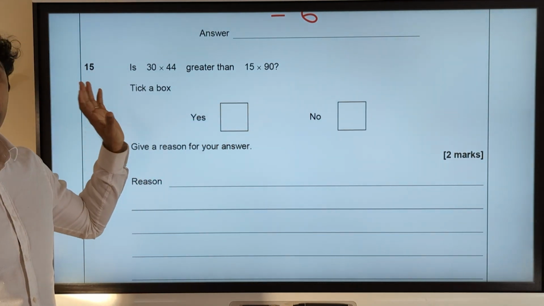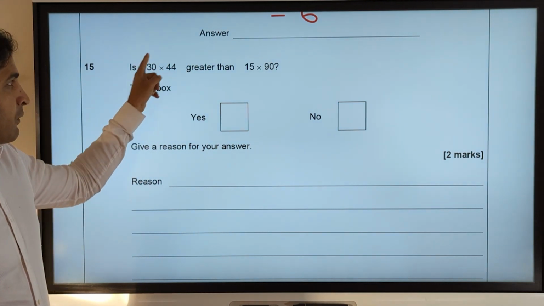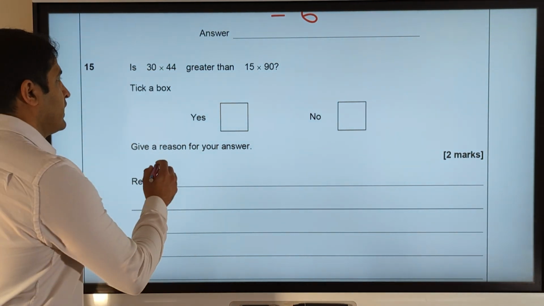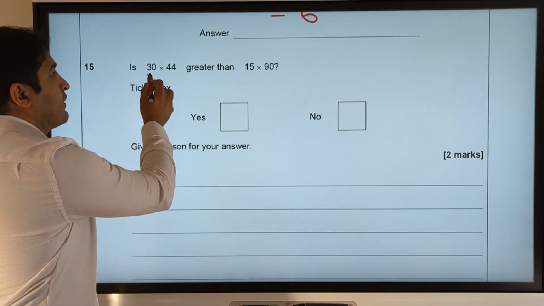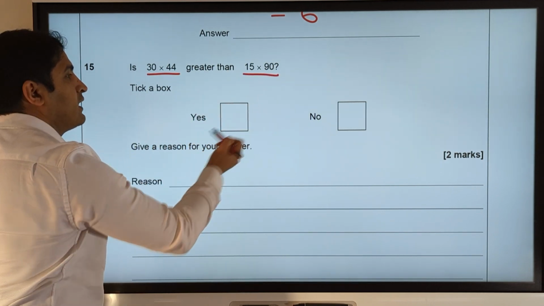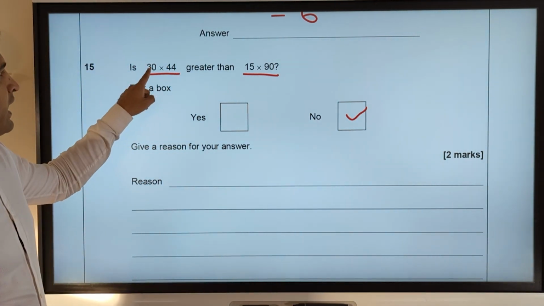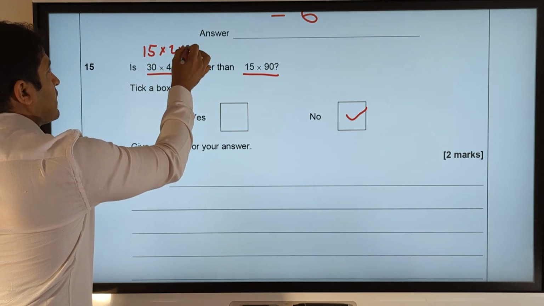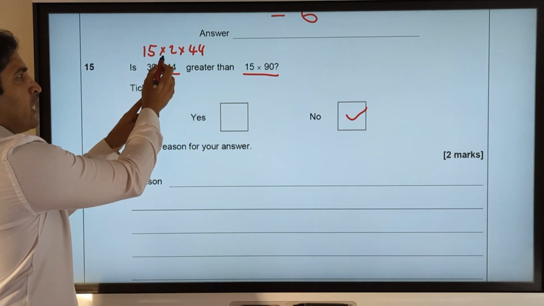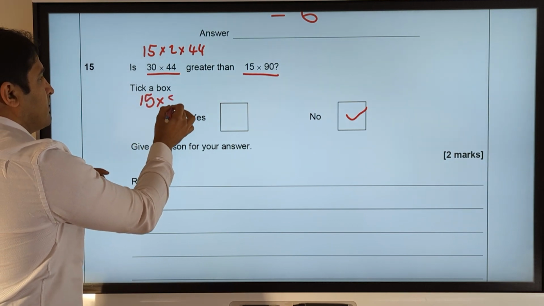But the easiest way, and the way the majority of you will remember, is to work out what 30 times 44 is. So we need to work out which one's bigger. Is 30 times 44 greater than 15 times 90? I know the answer is no. Why? Because if I write 30 as 15 times 2 times 44, and associate that 2 with 44, I get 15 times 88.